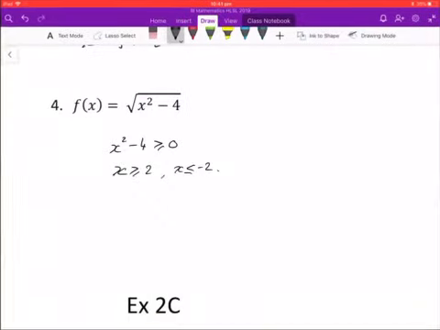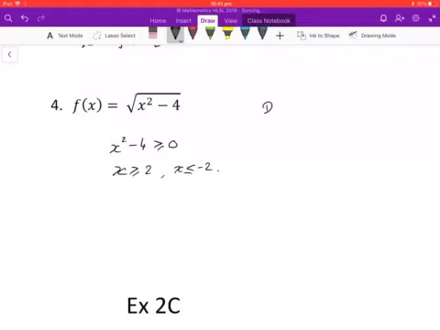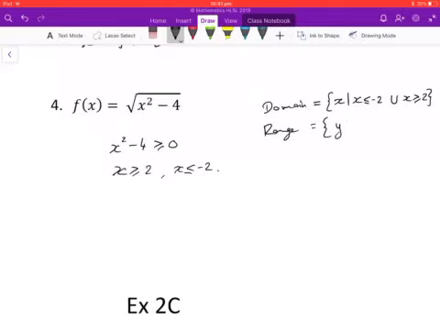So I can write the domain is equal to curly bracket x, such that x is less than or equal to minus 2 and x is greater than or equal to 2, and the range is equal to y, such that y is greater than or equal to 0.